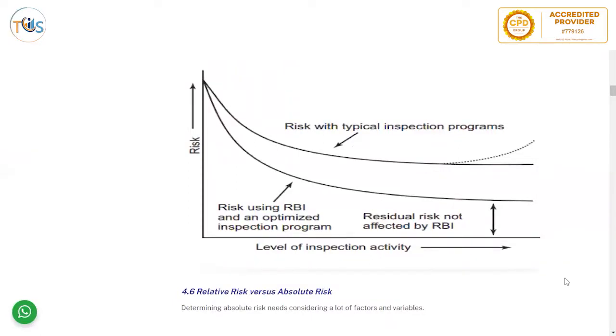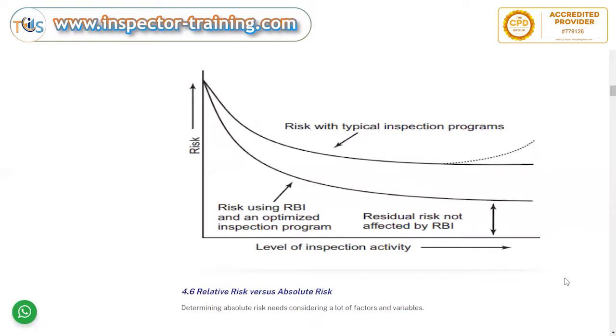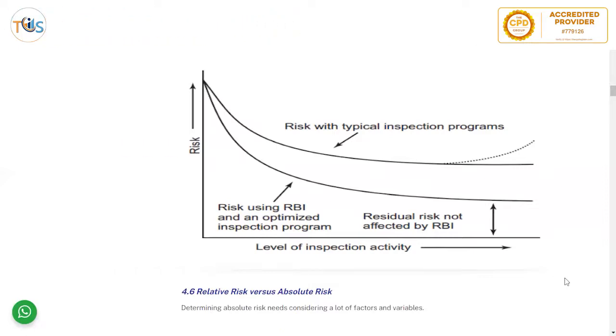Now, you have this graph with risk and the level of inspection activity. As you can see, if you increase the level of inspection activities, the risk reduces on a steep curve, but then it almost becomes a flat line.